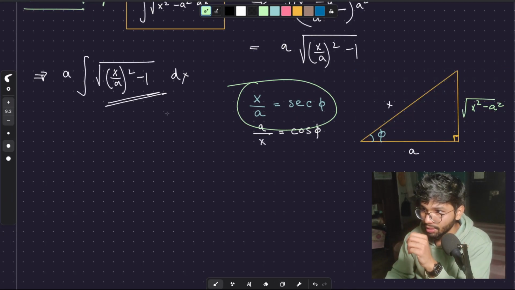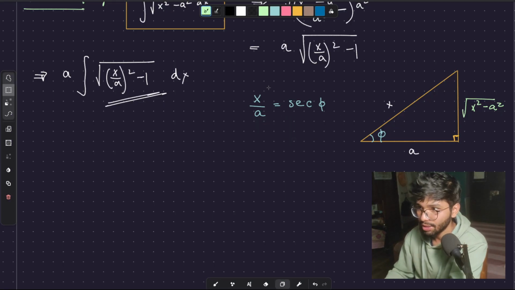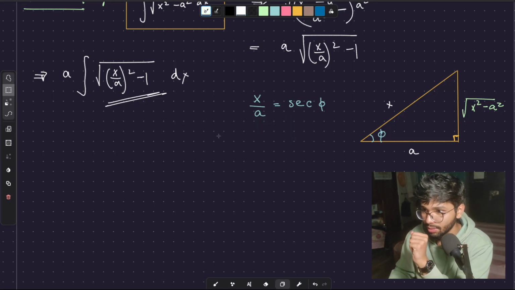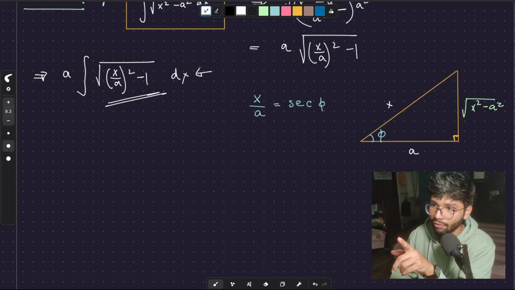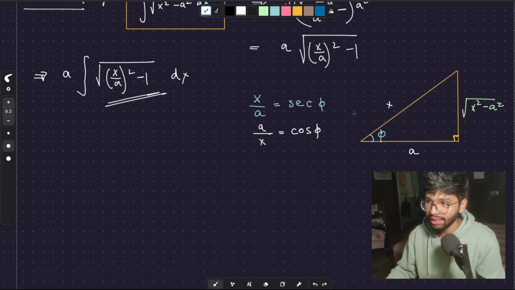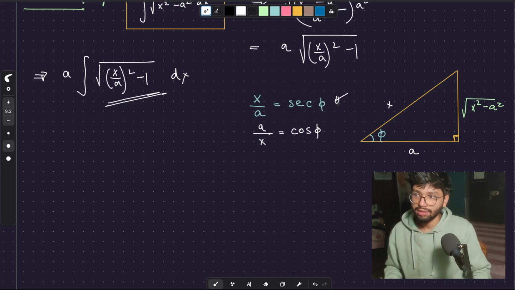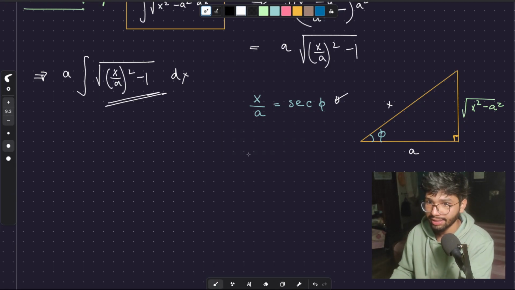This is the simple substitution we made. Let me wipe this down because we're going to do some more substitution and solve for dx, because we're going to need that. We're going to move over to the phi mode and change variables this time, so we're going to find dx as well.